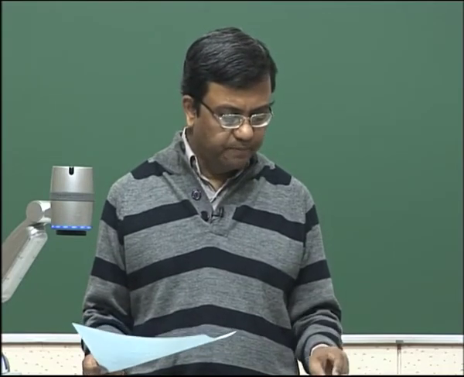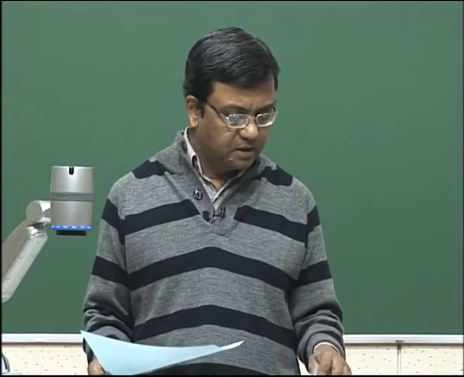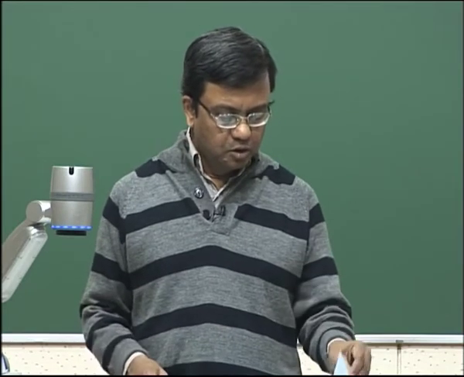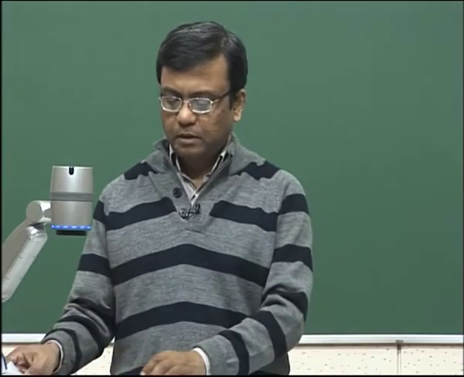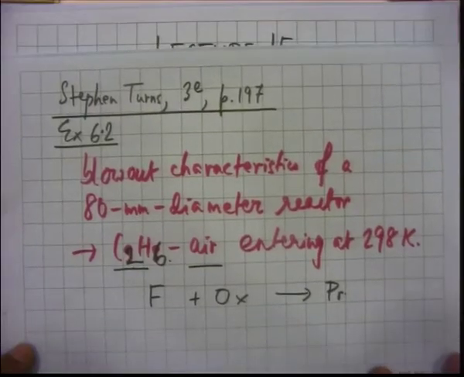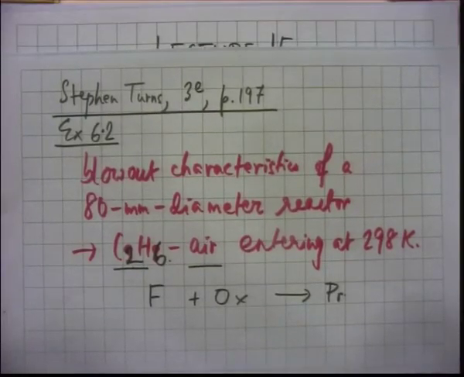we started looking at an example problem, example 6.2 from Stephen Turns's book, which is about determining the blowout characteristics of a reactor which is 80 millimeter diameter, and it had an ethane air stream entering at 298 Kelvin. So, the fuel is ethane, the oxidizer is air, entering at 298 Kelvin.